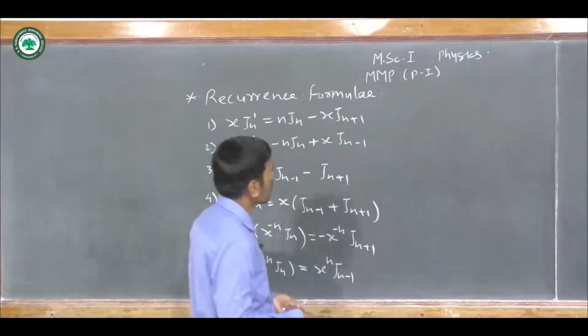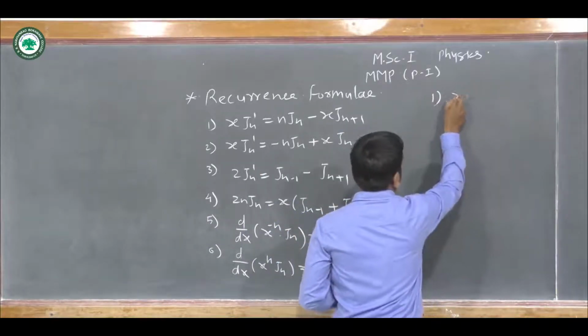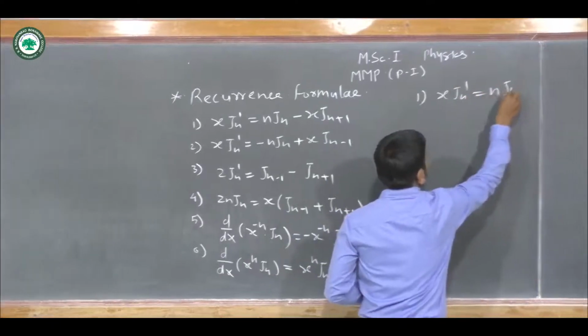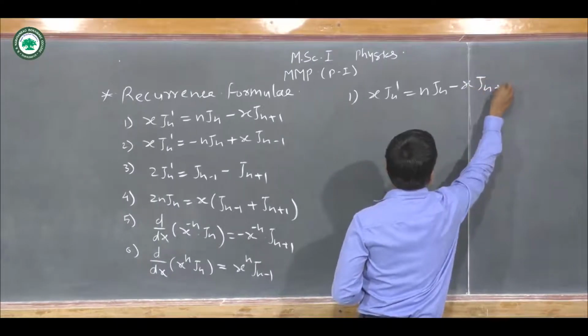The first one is x Jn prime is equal to n Jn minus x Jn plus 1.